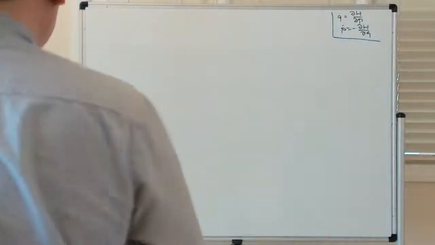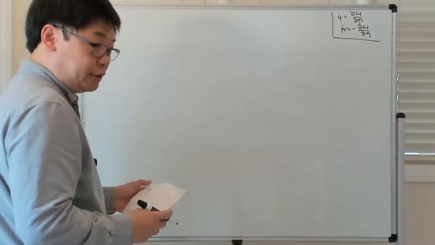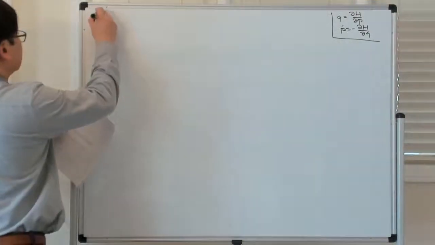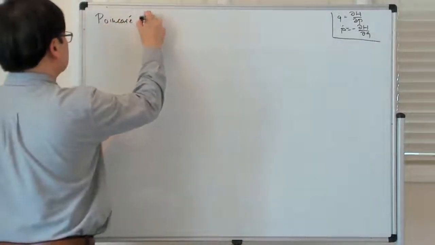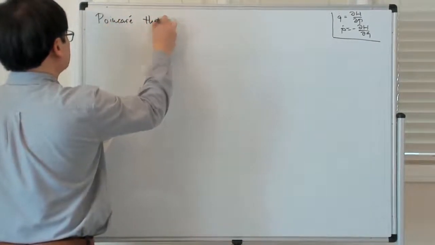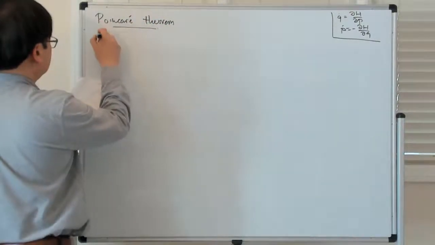All right, so now I'm going to prove the Poincare theorem, which basically says that the Hamiltonian flow is symplectic. All right, so theorem.